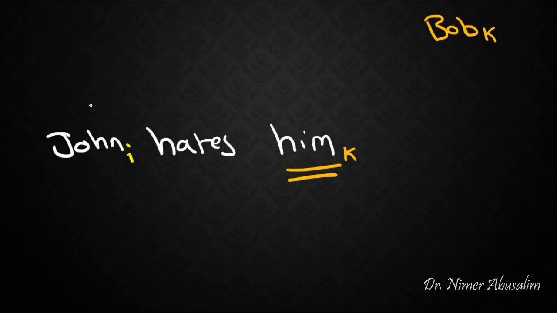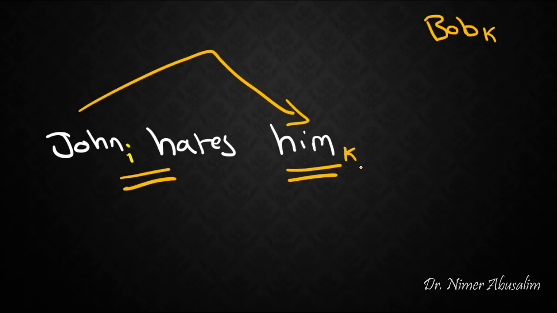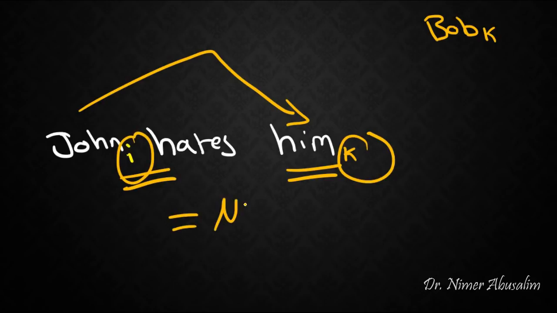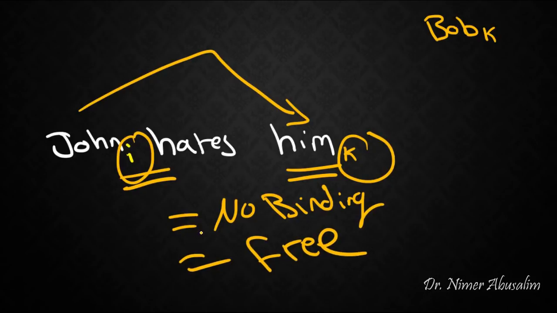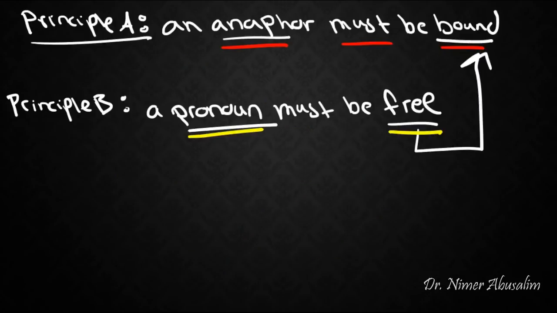John does c-command him, but there is no co-indexation. These are different. This is a k and this is an i. Therefore, no binding. Therefore, it's free. And so in this case, the sentence is grammatical under this given meaning. Great, so now it looks like principle A and principle B seem to be on the right track.